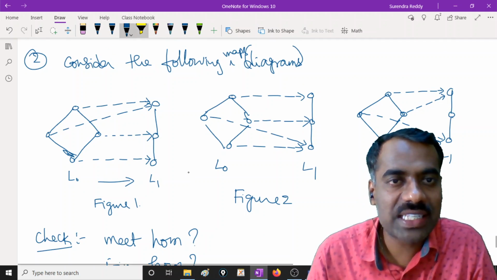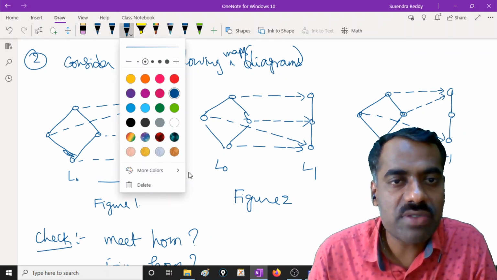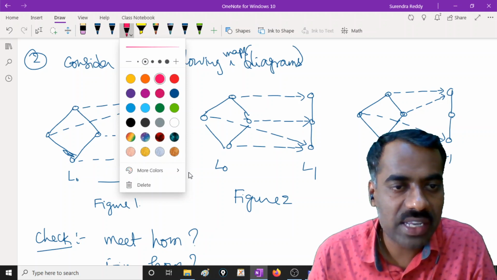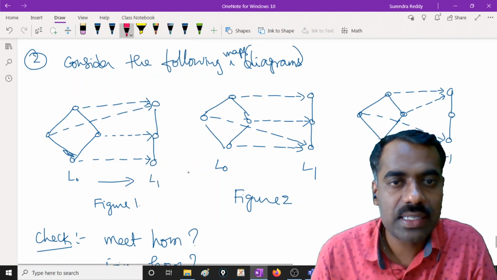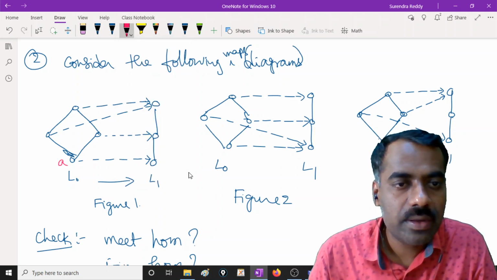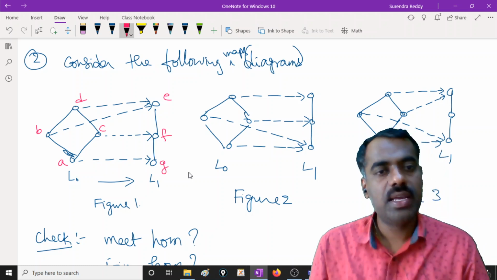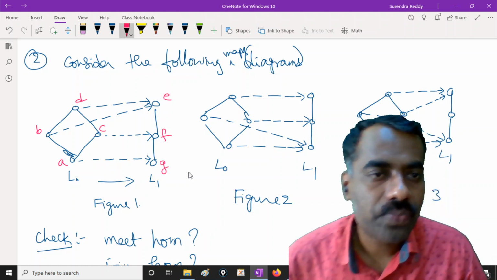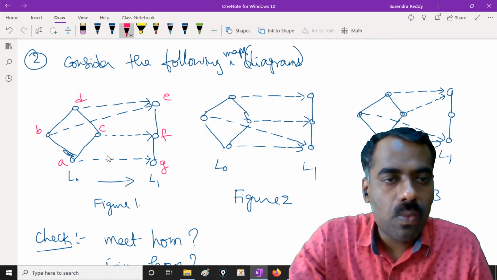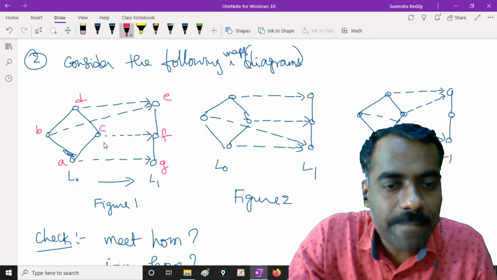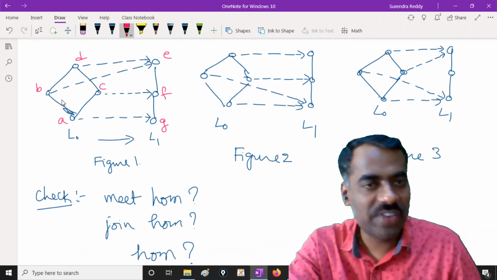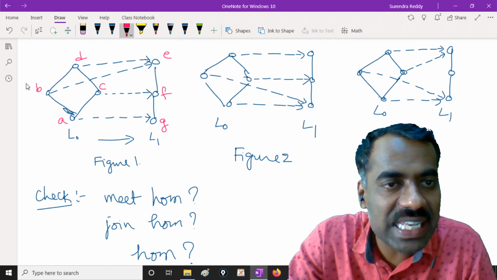So for understanding, what you do here is you try to give some names here. For example, I'll write here as some A, B, C, and D. This you write as E, F, G, right? So in this one, what is meet of B and C? So if you want to check meet homomorphism, for example, what is B meet C in this example?